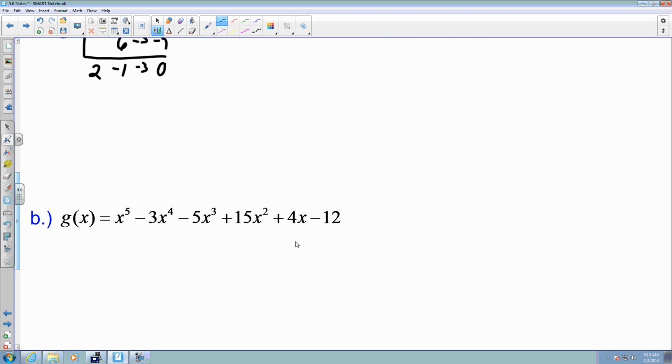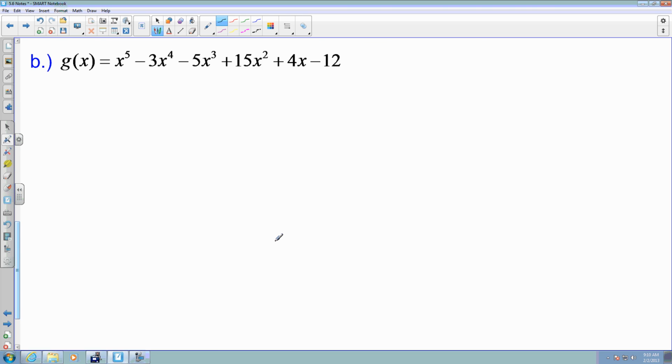Let's look at B. So B, I have x to the 5th minus 3x to the 4th minus 5x to the third plus 15x squared plus 4x minus 12. So I need to list the possible solutions, P divided by Q. My constant is 12, and my lead coefficient is 1.